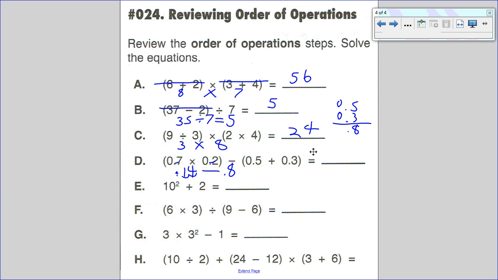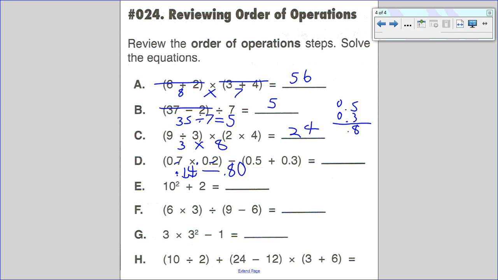Now you may think that 0.14 is bigger than 0.8. It is not. It is actually a lot smaller, because this can be written as 0.80. You can add as many zeros as you want. You could add a 0 over here if you wanted to. That would make it 140. But then you could add another 0 over here.